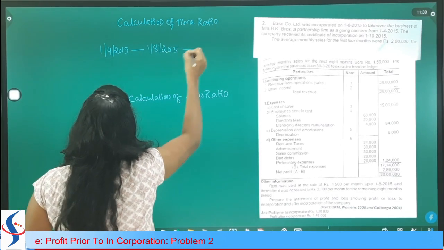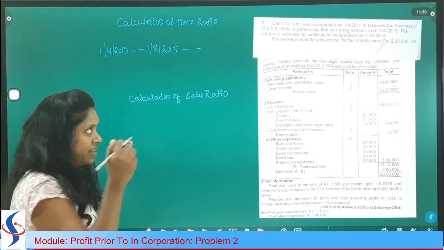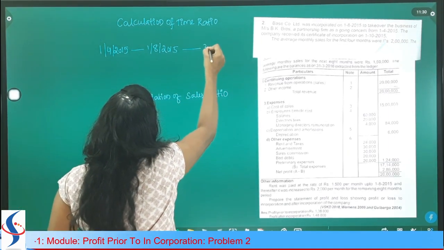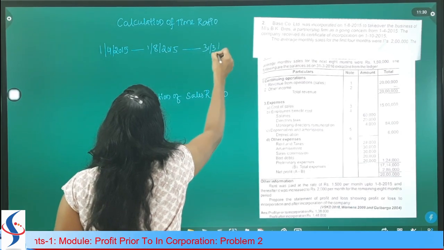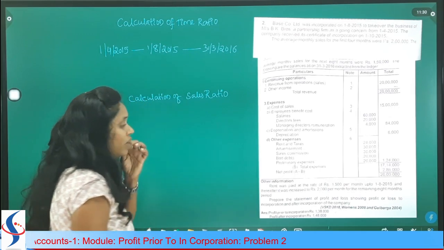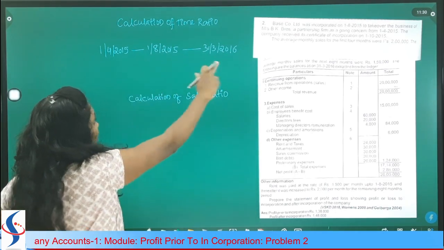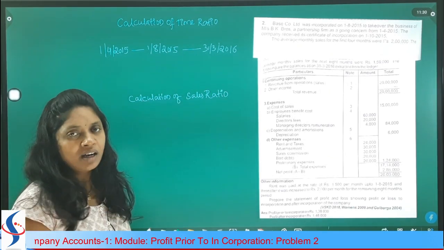Remember, when the year starts on 1st April, it has to end on 31st March of the next year, 31st March 2016. In between this, there is one more date given. As I already told, no need to bother, no need to consider. Considering these three dates, we need to calculate a time ratio.